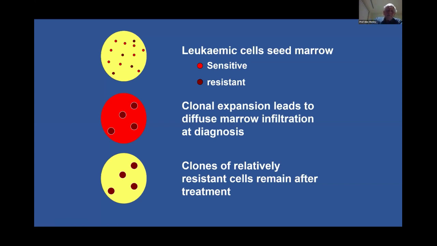Now, sampling variation is not surprising. If you think of leukemia as a clonal disease, leukemic cells seeding into the marrow, and let's say that we have the brown clones, resistant clones, then clonal expansion leads to diffuse marrow infiltration at diagnosis. But then when the disease is treated, the resistant clones or the relatively resistant clones remain.